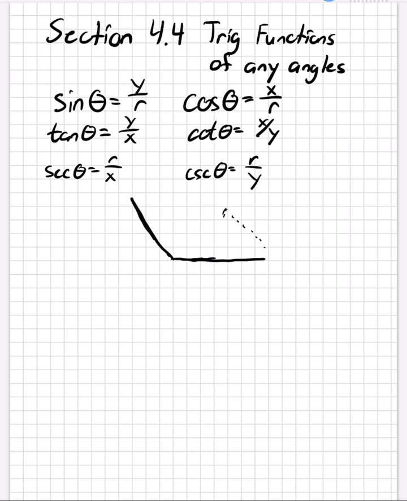The angle theta is generated by sliding that side over. So that gives us our theta. This point up here will result in an x and y coordinate, and this line has a length of r. So r is the length of the line, so that is where r comes into play.